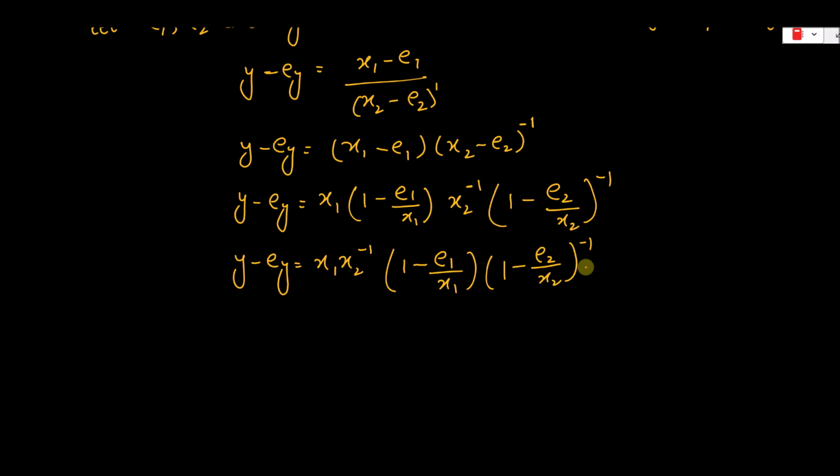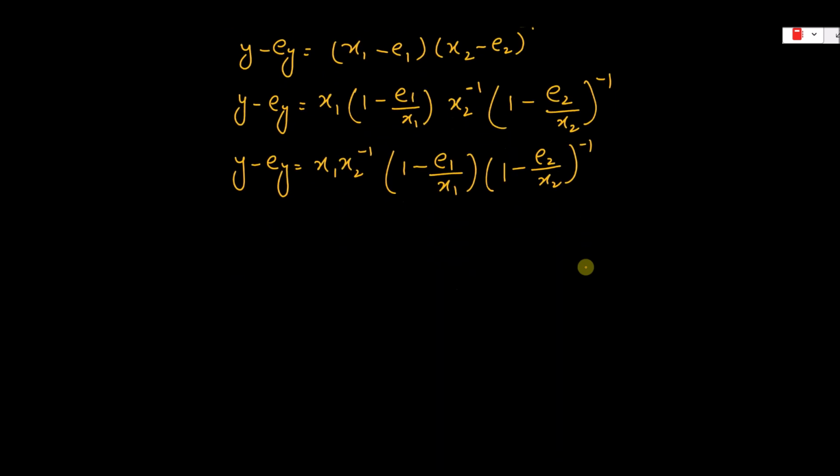Now, for the second case, we have a negative power. So for the negative power, we are going to expand it by using a binomial expansion. First, I'm going to explain what the general formula of binomial expansion is, and then we are going to expand it. So the general formula of binomial expansion: we have a plus or minus b, to the power n. This is applicable for both.